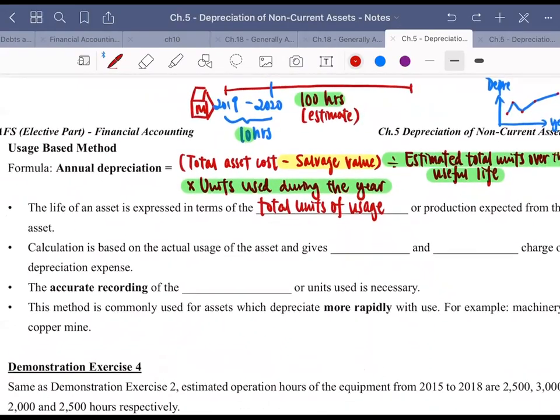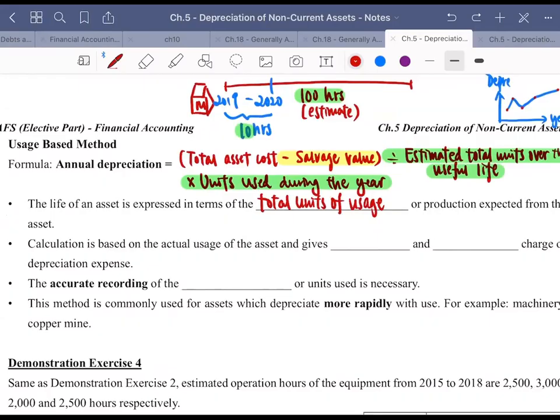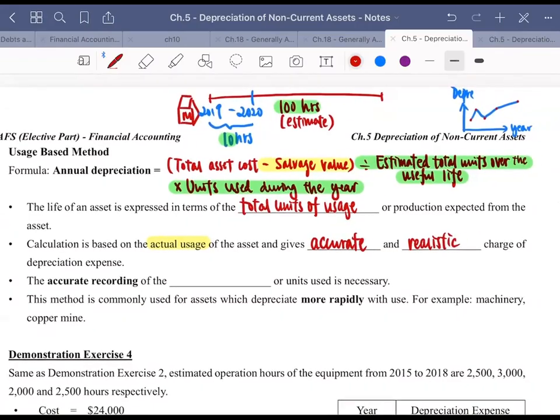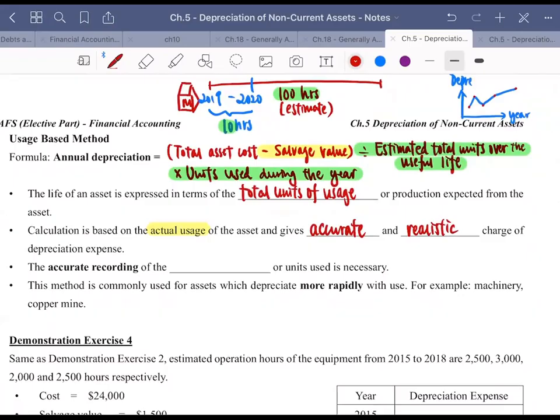So why will we use this kind of method? Because it is based on the actual usage of the assets, and it can give us a more accurate and realistic charge of the depreciation expense.